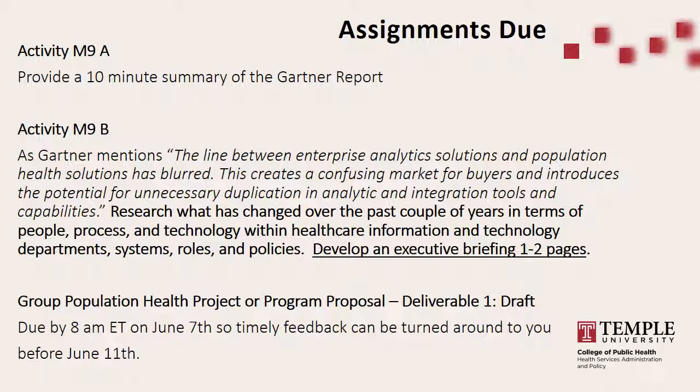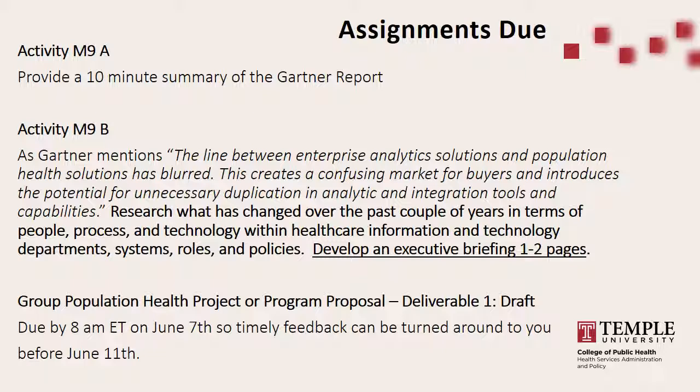Research what has changed over the past couple of years in terms of people, process, and technology within the healthcare information and technology departments, within healthcare systems, payers, health information exchanges, different systems, roles, and policies, and develop an executive briefing that is 1 to 2 pages in length.